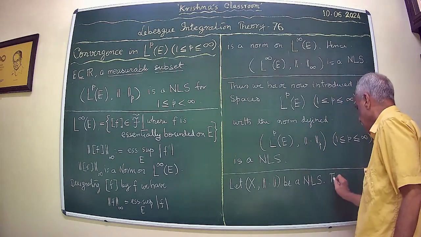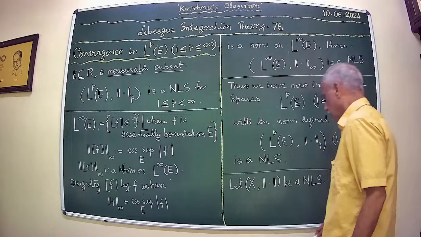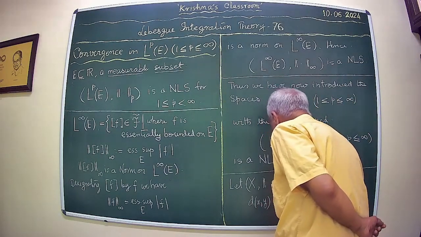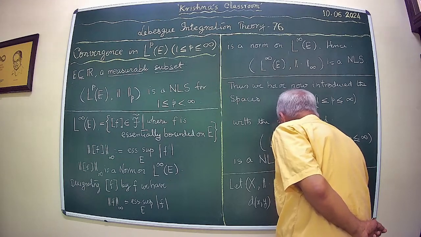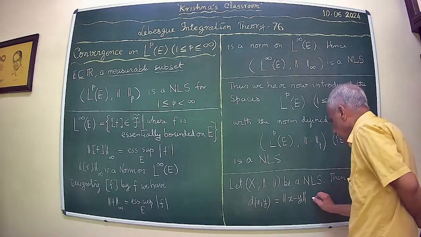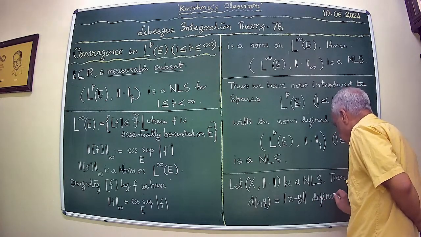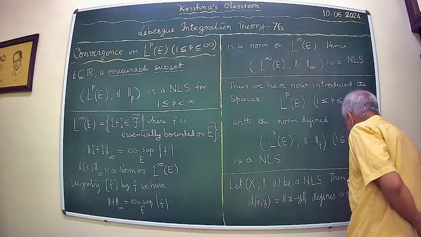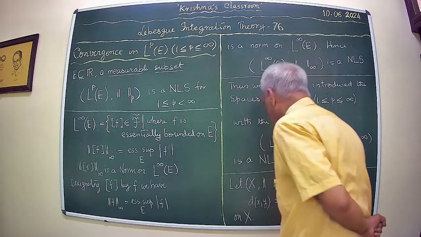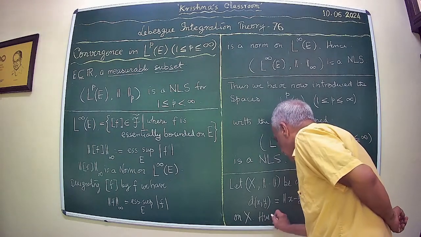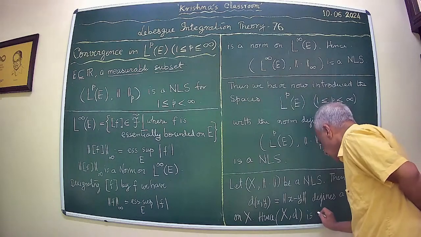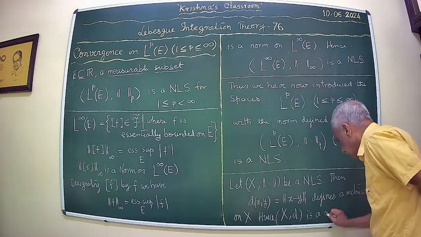Then d(x,y) defined as the norm of x minus y defines a metric on X, and hence (X,d) is a metric space.